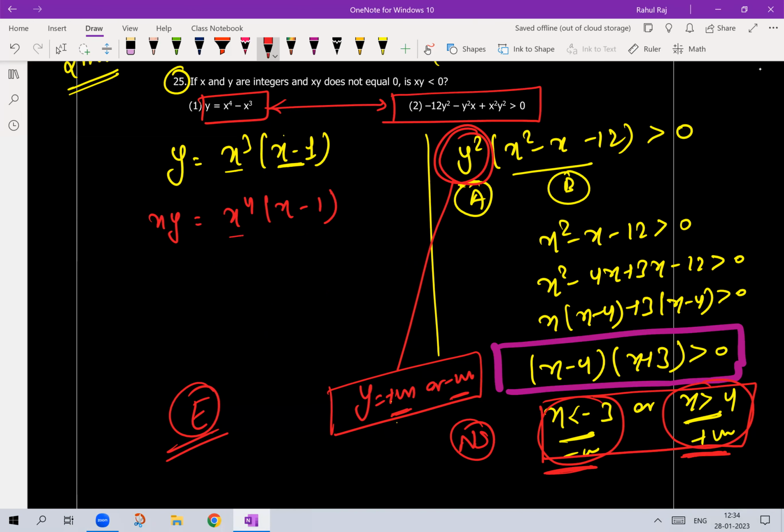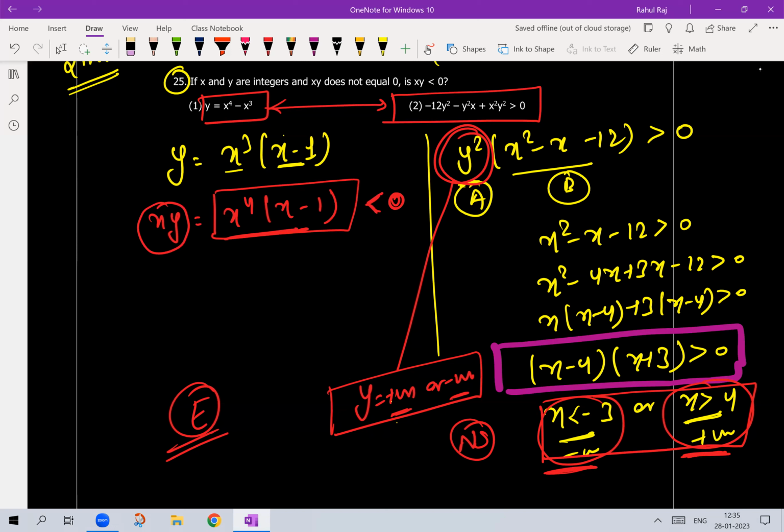Yeah, but that's what we don't know about x now. So you can say from here not sufficient, right? But we want this value to be less than 0, right? For this to be less than 0, x should be less than 1. But this is from the second condition. For this you have told this should be less than 0, right? But we want xy to be less than 0.